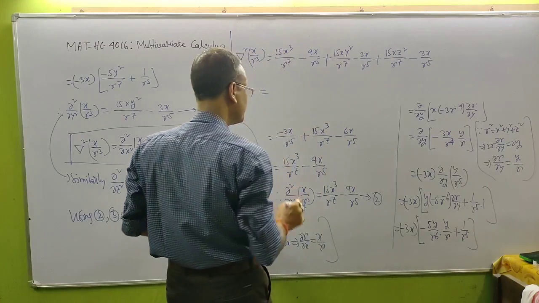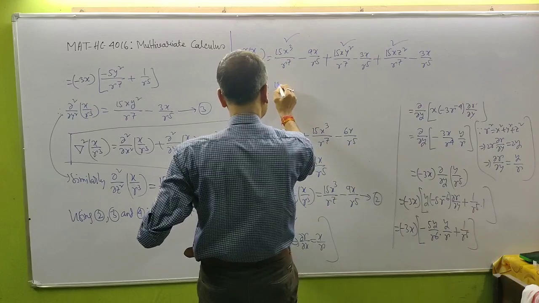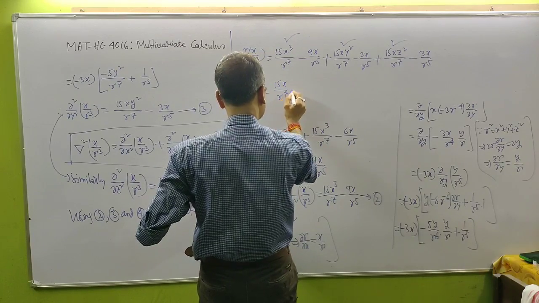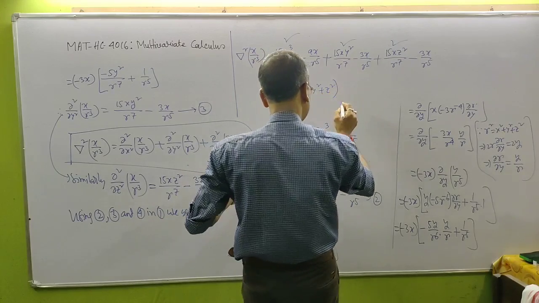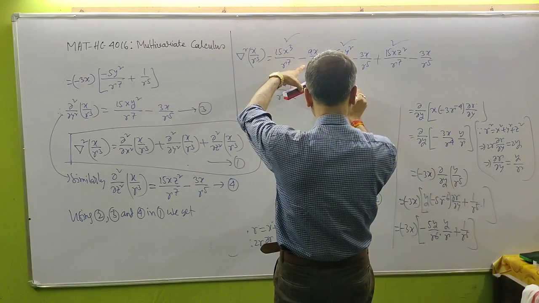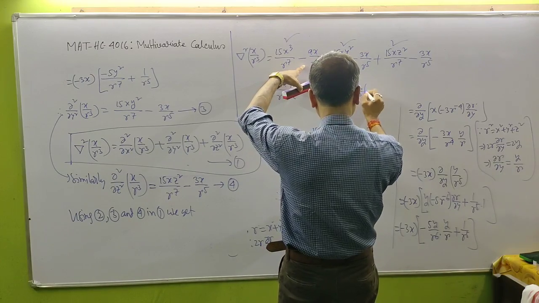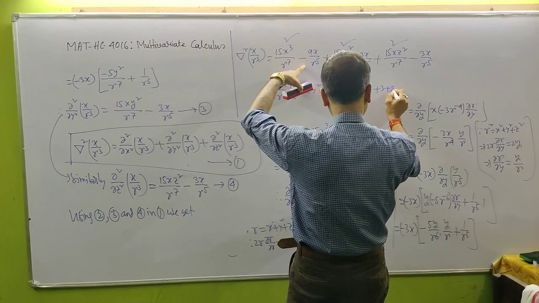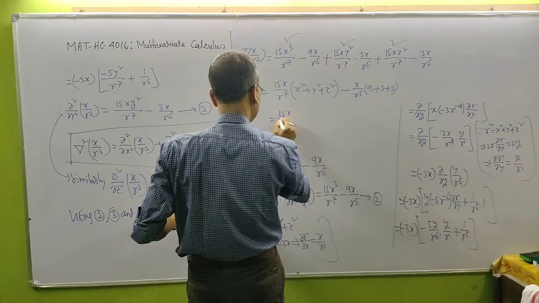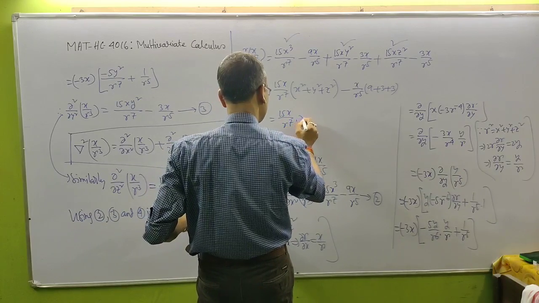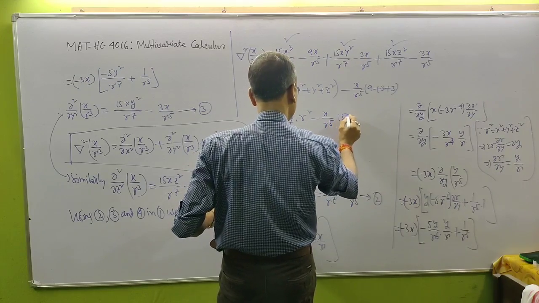This is equal to 15x by r to the power 7, taking it common, into x square plus y square plus z square, minus x by r to the power 5 into 9 plus 3 plus 3. You will get this. This is equal to 15x by r to the power 7 into r square minus x by r to the power 5 into 15.